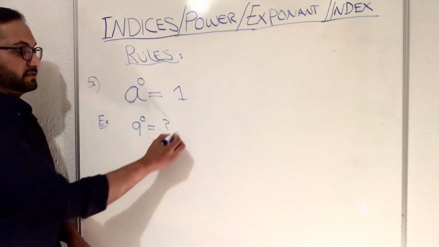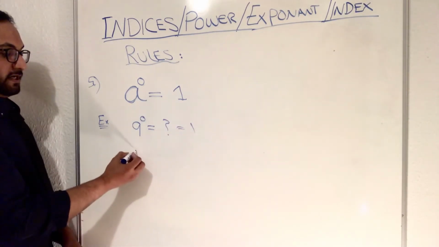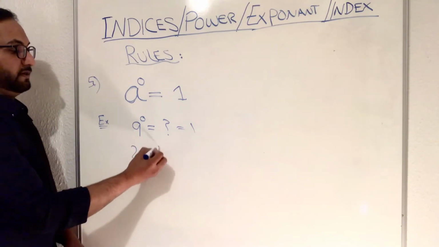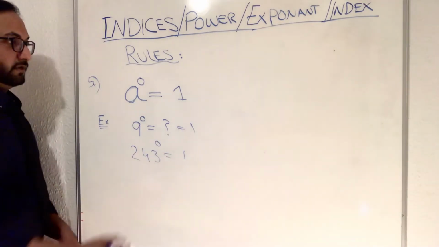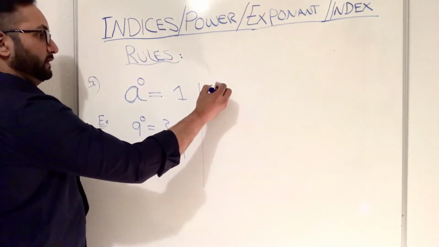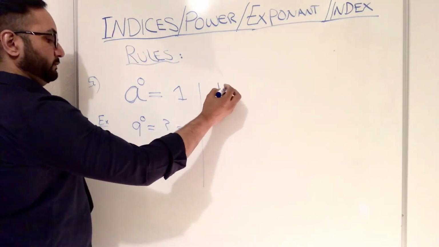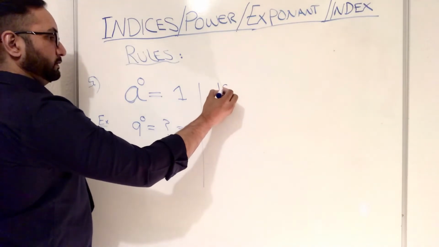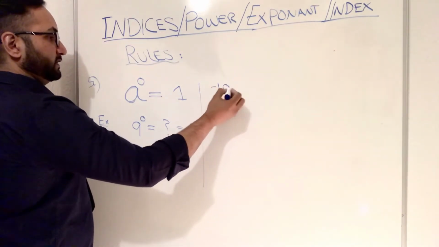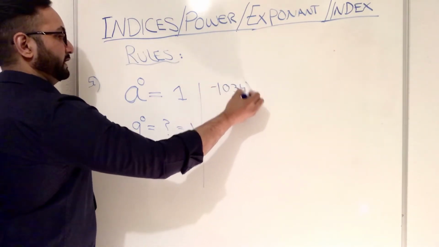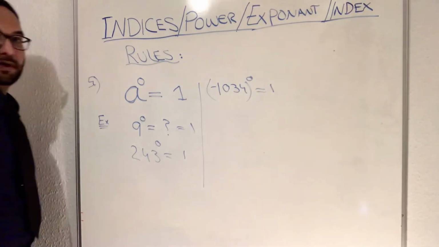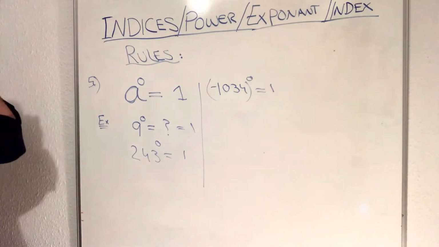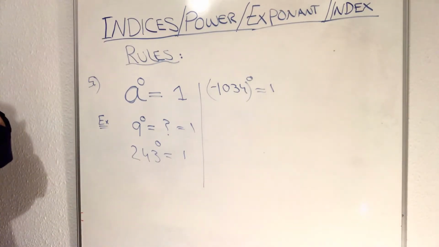The answer is equal to 1. If I write 243 power 0, what is the answer? The answer is 1. If I write 1, minus 1, 0, 3, 4, any number, whole has a power 0, then the answer is again 1. This is a 1-2 marks question. It will always come in an exam.